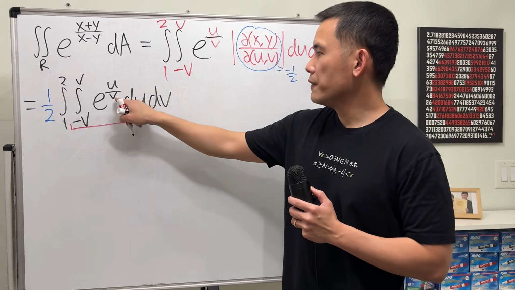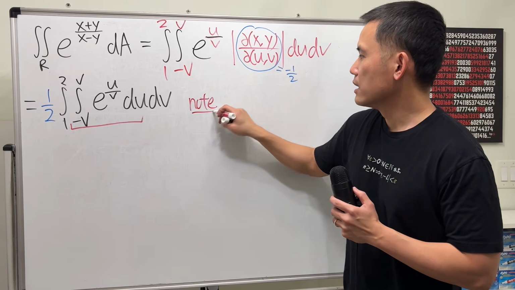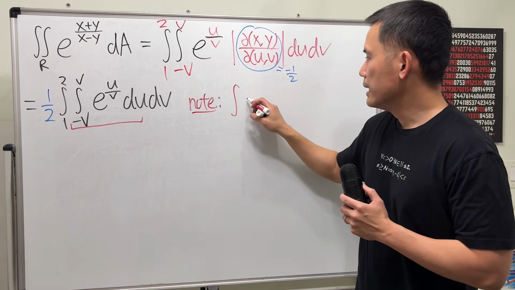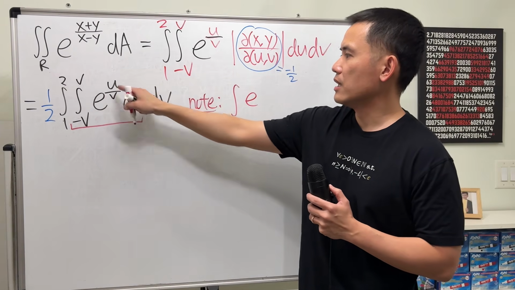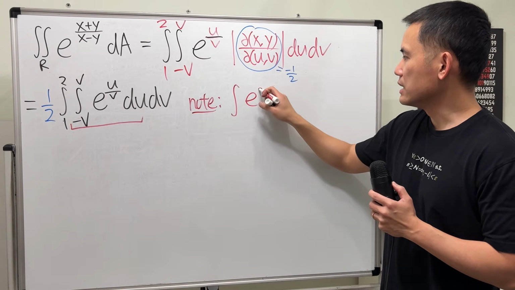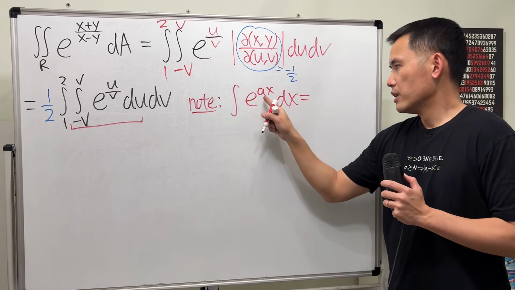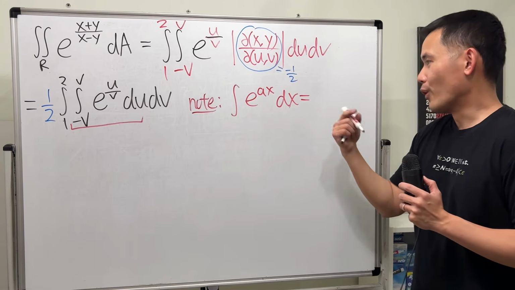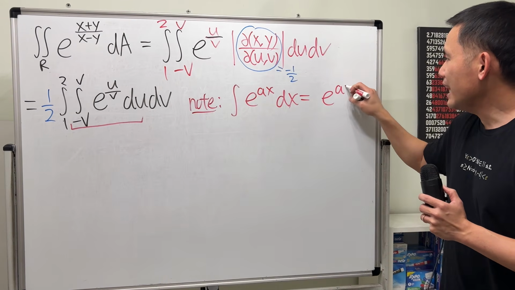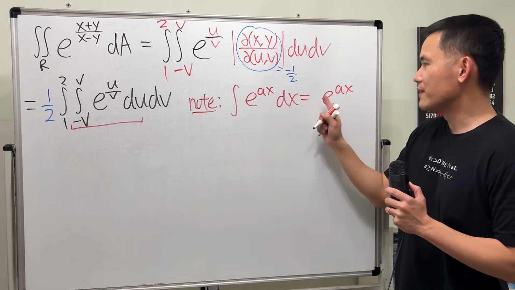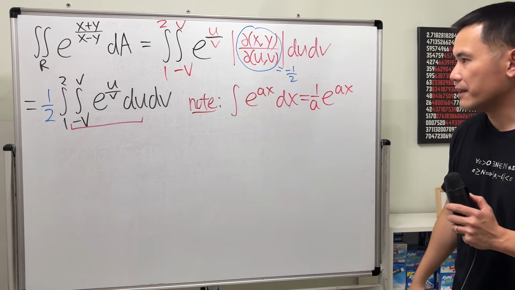Now we can just go ahead and integrate it inside out. In the u world, v is a constant. Have a look right here. Note that we're just integrating e, and it's just like a constant times the u, right? Remember the formula is if you have e to the a times x dx, you can do a substitution here, or you can just use this right here. You will get e to the ax, but you have to divide it by the derivative, which is multiplied by 1 over a.